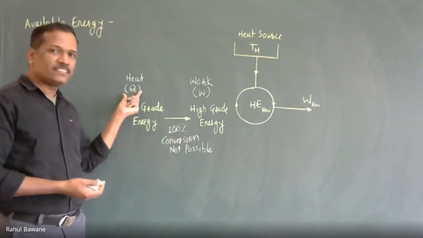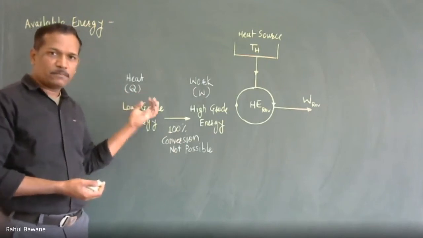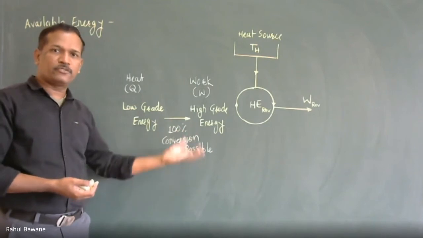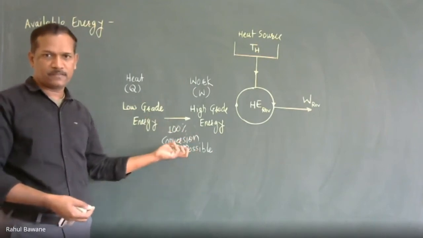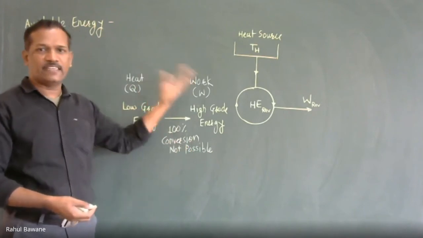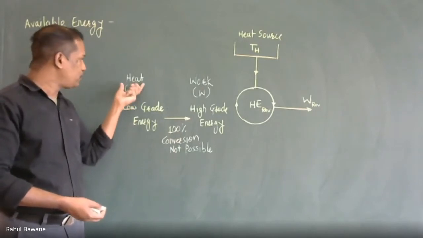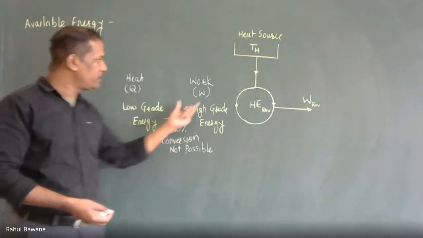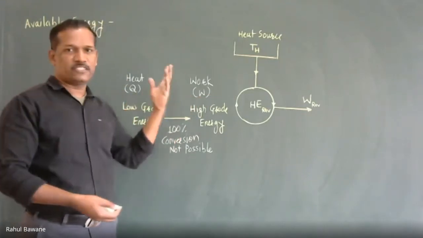Because whenever heat is supplied, no doubt at the initial state, some portion of heat will be absorbed by the system itself, by the metal parts. Some heat will be directly radiated. So it is never possible to convert total heat into work. There are always some losses.